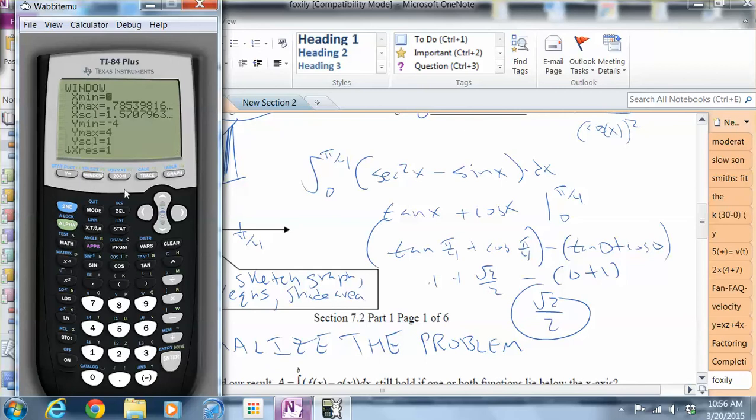Or, I don't like that y window. Let's say I went from -2 to 2. And actually, let's make that pi over 2. But remember, we want this at pi over 4, which is probably right over here. So we want this area right there.